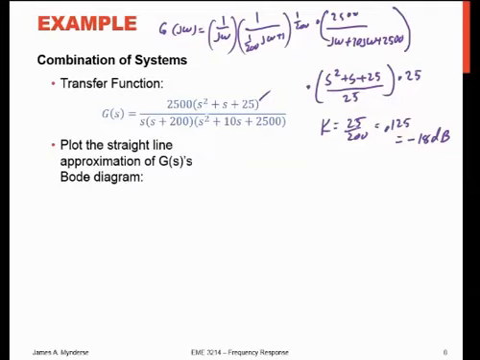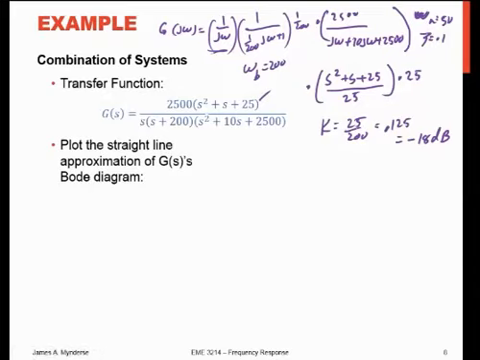Now I've got all these other things here. We have that pole at 0. We have a first order pole here with omega break equal to 200. From my previous example, I know that I have an omega n equal to 50 and a zeta equal to 0.1.